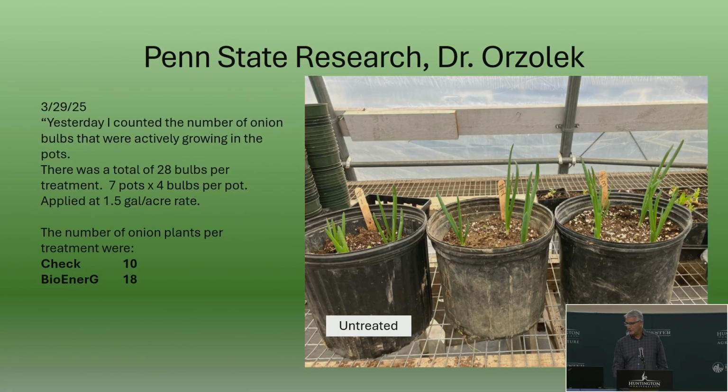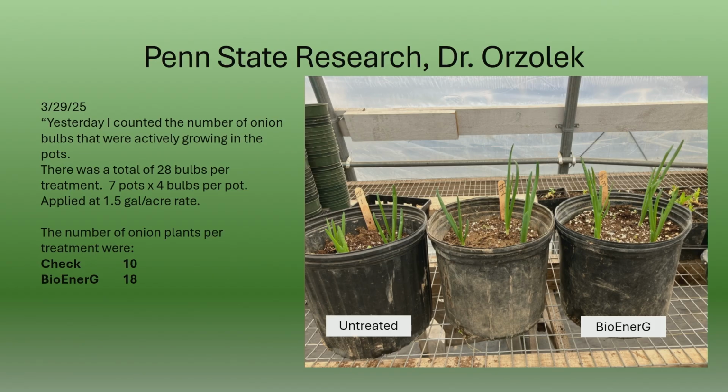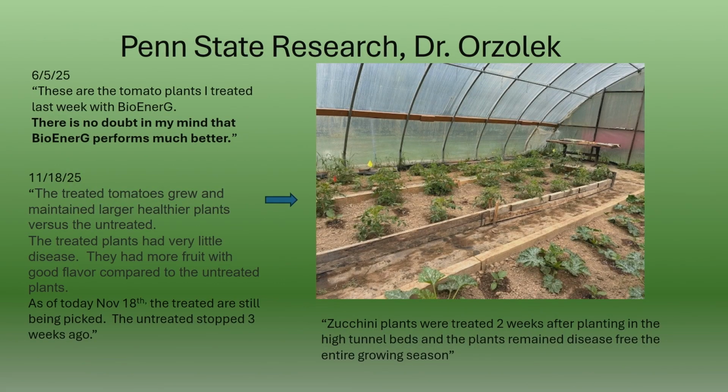Some work with Dr. Orslik at Penn State. These are onion bulbs, and he planted them in pots, and he put 28 bulbs in each. In the check, only 10 of them grew; with the bioenergy, 18 grew.